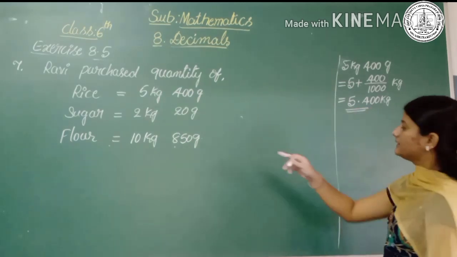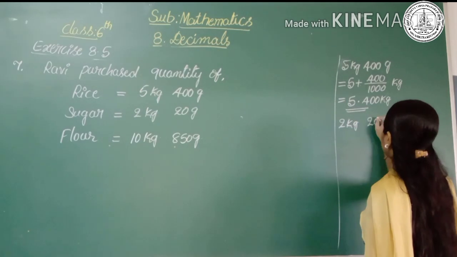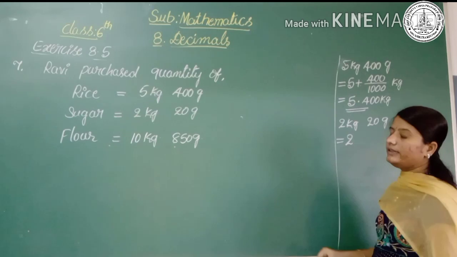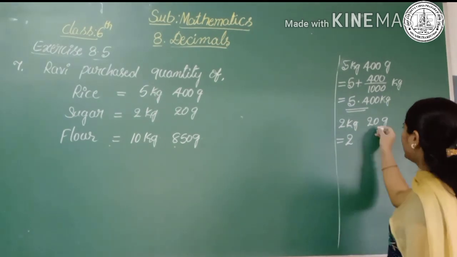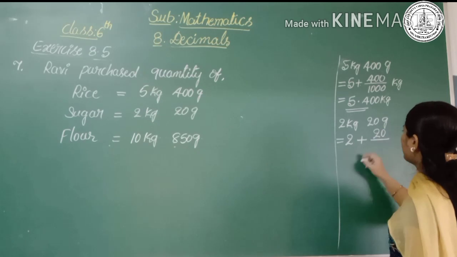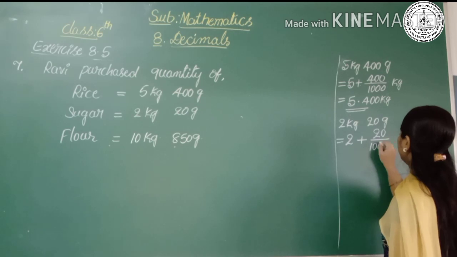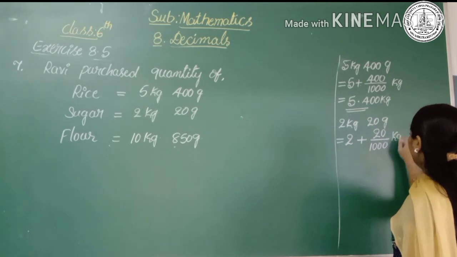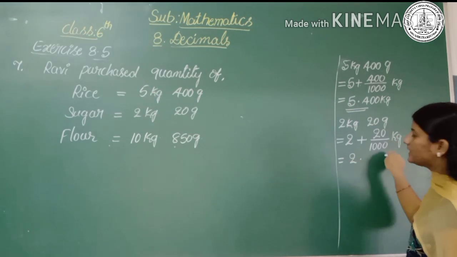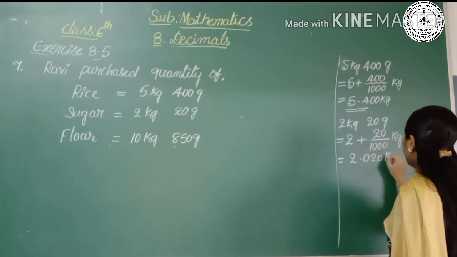Okay. Yes. Then the second one is 2 kg 20 grams. So 2 kg is already in kg. Then convert the 20 grams into kilograms. 20 grams is equal to 20 divided by 1000 kg. Okay. Then write it in the decimal form. 2 plus 20 thousandths can be written as 2.020 kg.